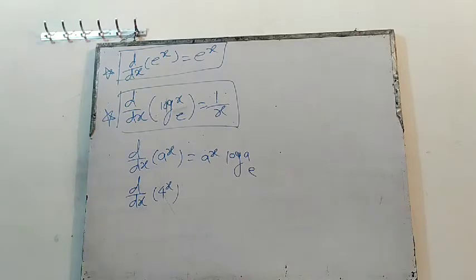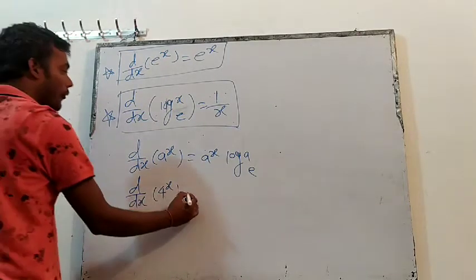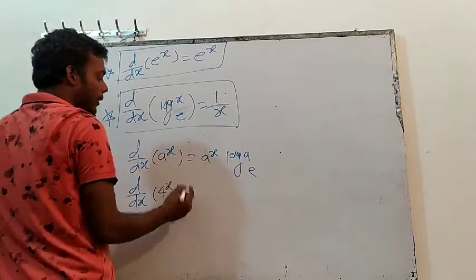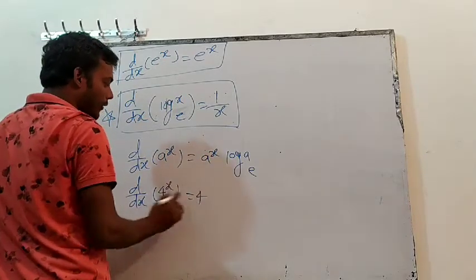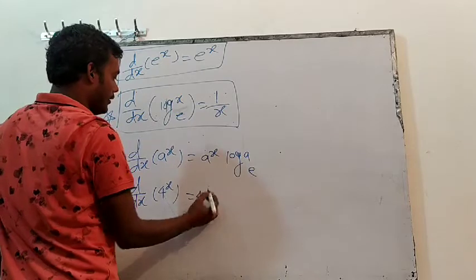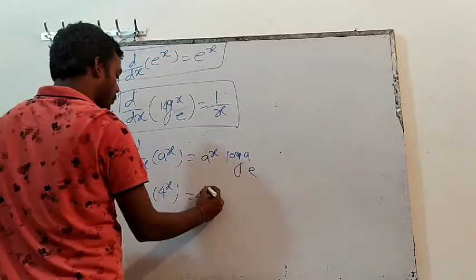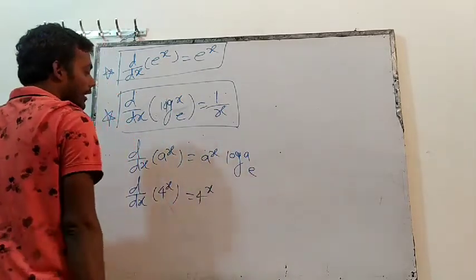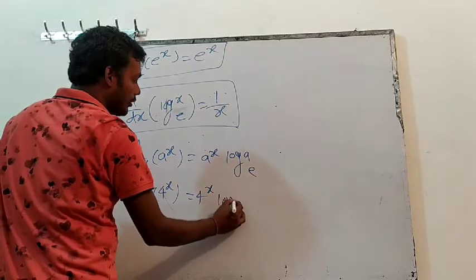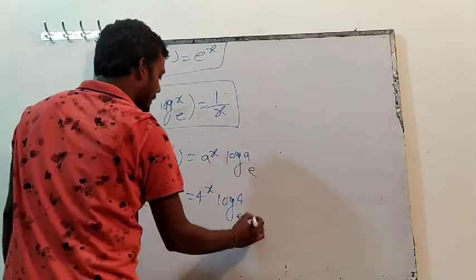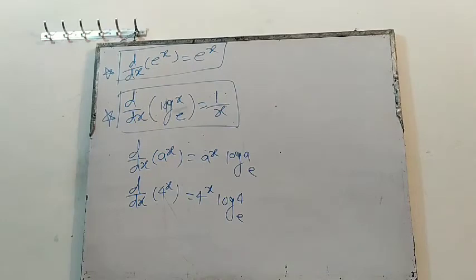What will happen? This is the a to the power x form, so we add log a here. 4 to the power x, log 4 base e, like that. So these are some of the formulas that you have to memorize.